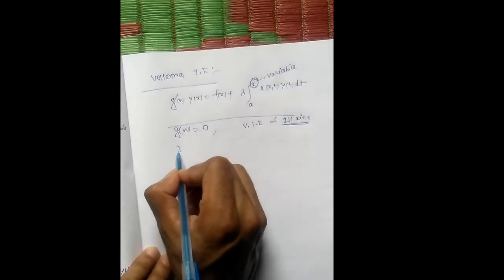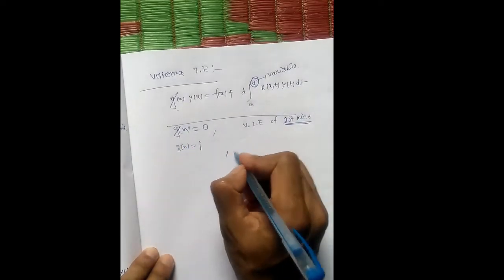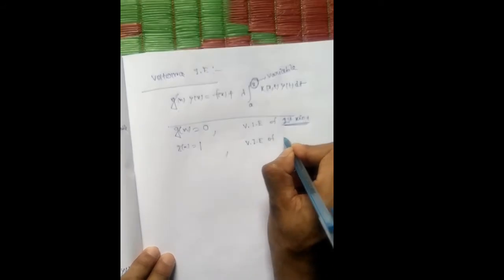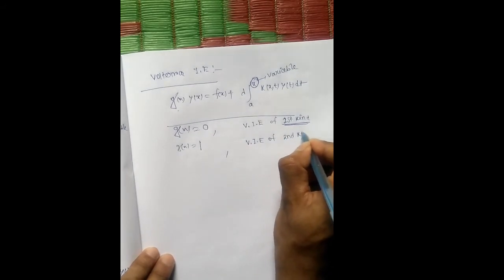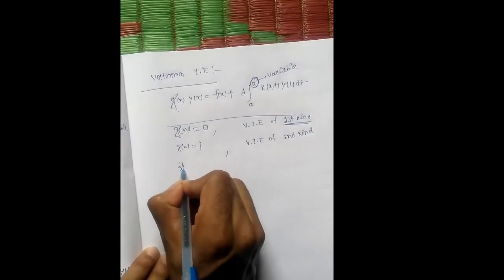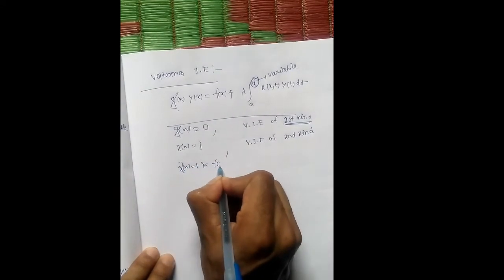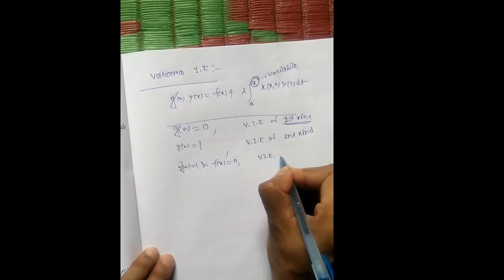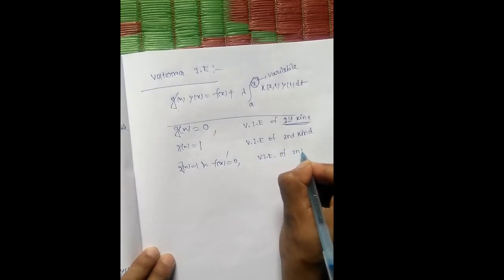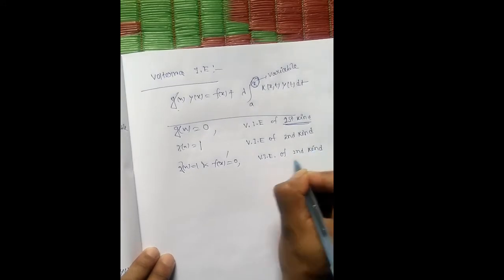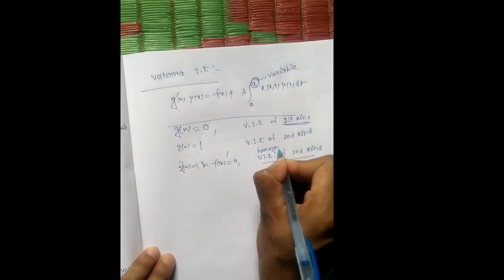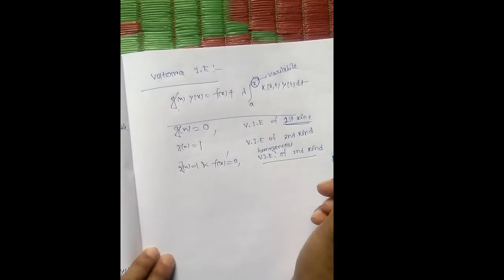If g(x) equal to 1, we get a Volterra integral equation of second kind, and when g(x) equal to 1 and f(x) equal to 0, we get a Volterra integral equation of second kind, and this is homogeneous.